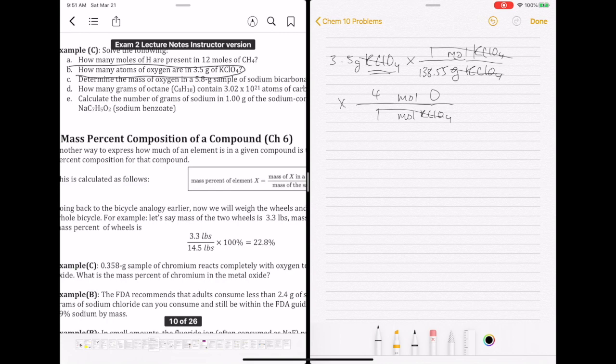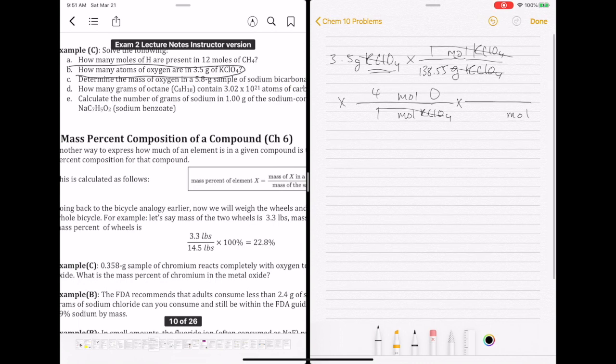Now that I have the number of moles of oxygen, the last step I need is to take that and convert it to the actual atoms of oxygen. I would need to take moles to atoms of oxygen. Well, this is just given by Avogadro's number. So 6.02 times 10 to the 23rd atoms to 1 mole. That's going to cancel that out. With correct sig figs, this should give you 6.1 times 10 to the 22 oxygen atoms.